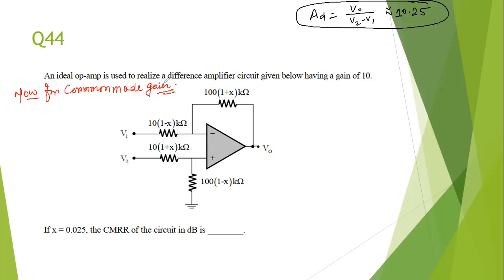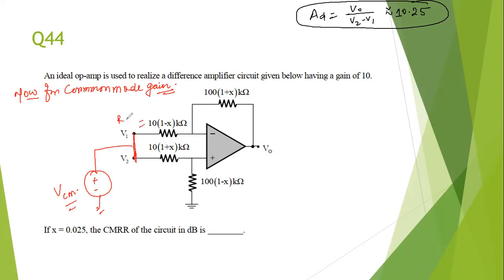What should you do for the common mode gain? For common mode gain, both inputs should be common, and let's say this is your common voltage VCM.